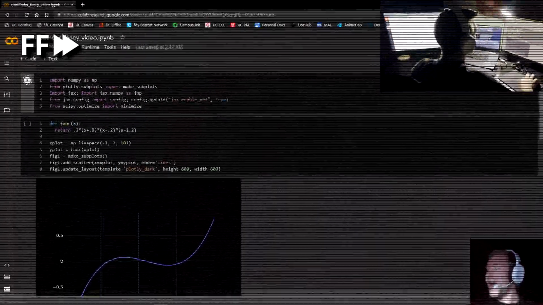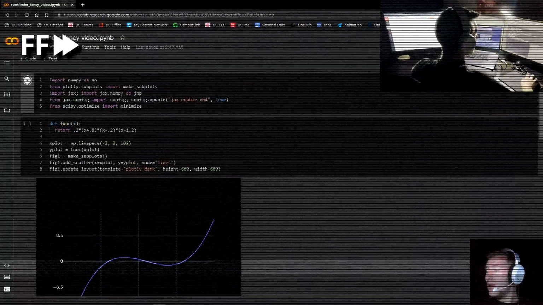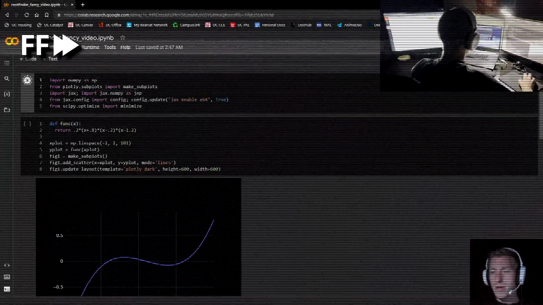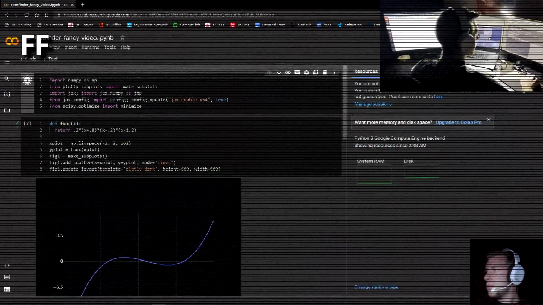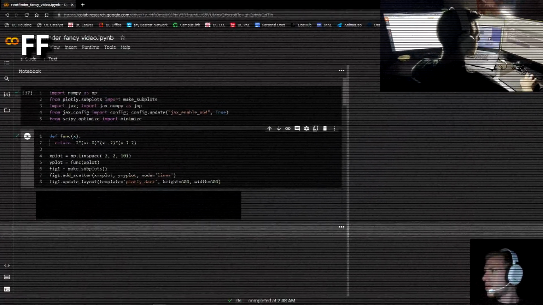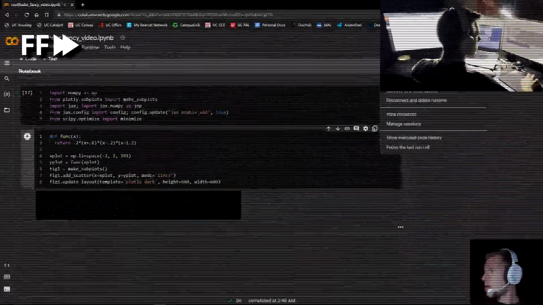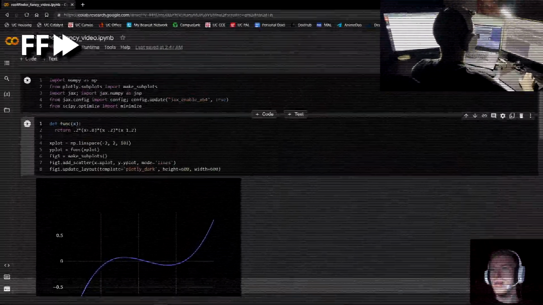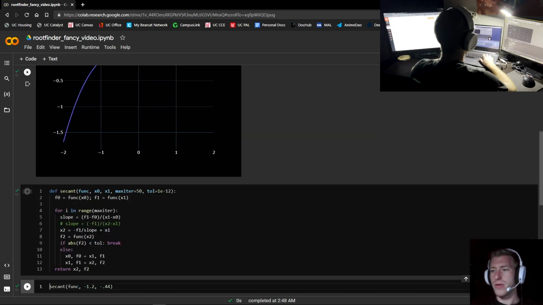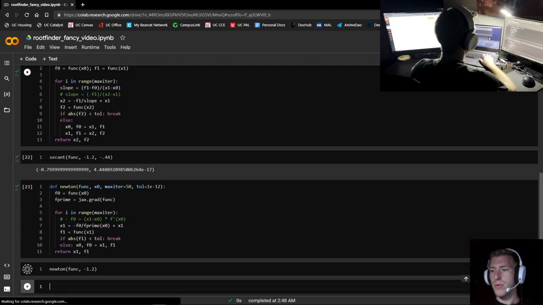I would be so mad if my Wi-Fi died. Wow, it really can't connect. Just reload the page again. I want this to be fixed. Okay, there we go. Run from the top.